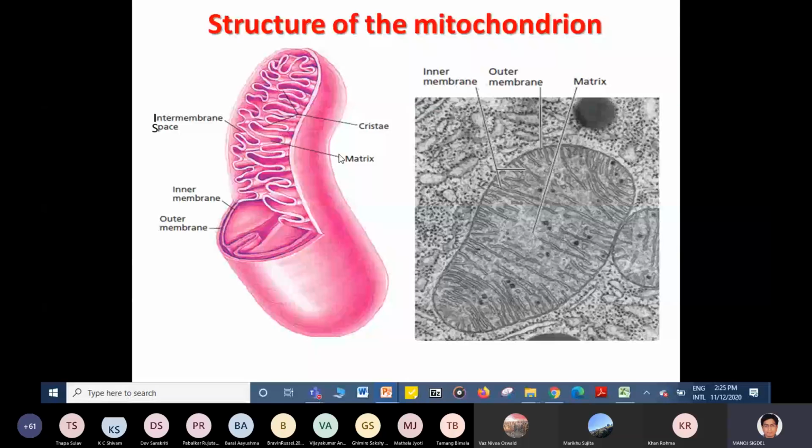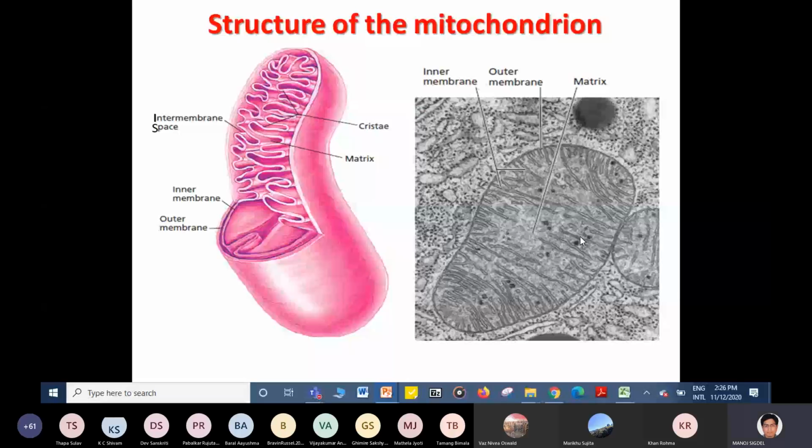Similar to the cytoplasm of the cell, the mitochondria has the matrix. This is the folded structure, cristae. You can see the intermembrane space. This intermembrane space you will have to deal with in detail while studying about the electron transport chain and oxidative phosphorylation. Okay, now this is the inner membrane, this is the outer membrane. Okay, this much, and this is the electron microscopic view of the mitochondria.